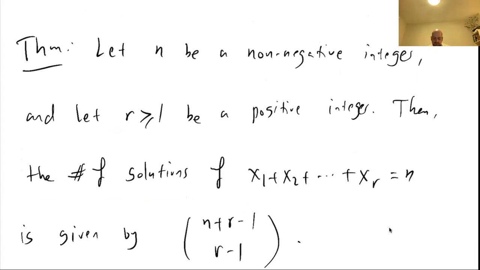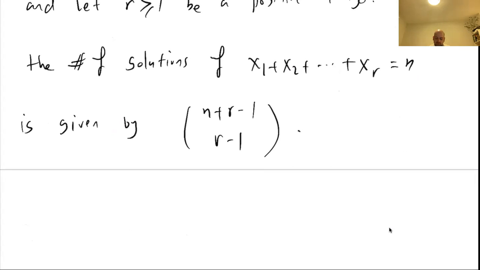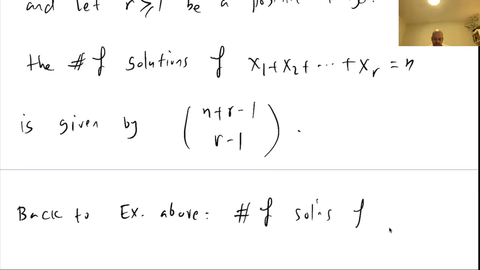Okay, so let's see. I'm going to prove this for you, but before proving it, back to the example above, we can say that the number of solutions of x1, what was the equation?